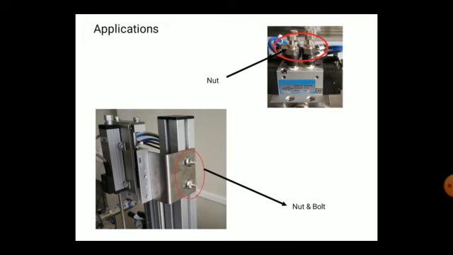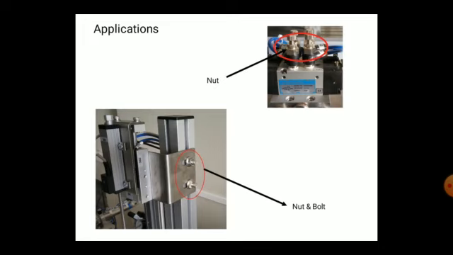Then these are the applications of fasteners in a mechatronic system. In a mechatronic system we use different components: cylinders, actuators, electrical components, and other components that are mounted and assembled together, so as to fasten or join them.